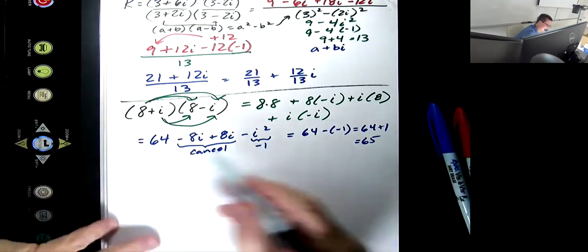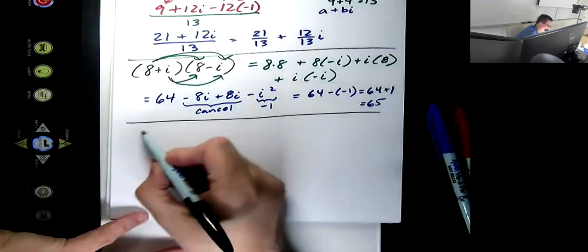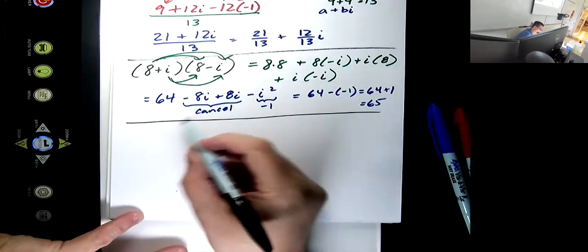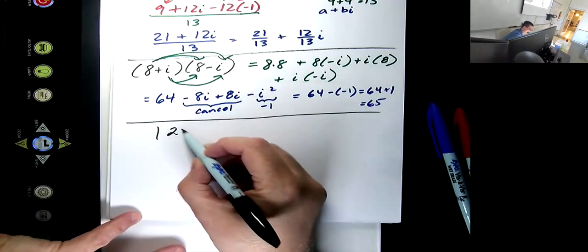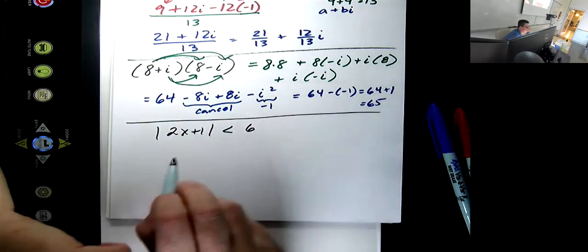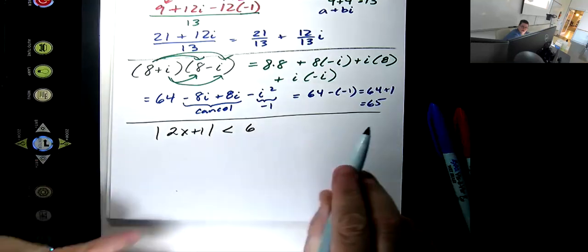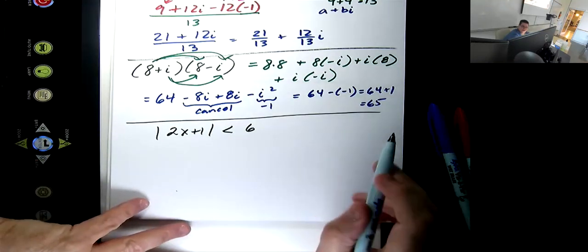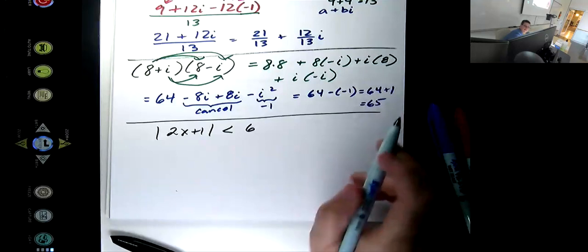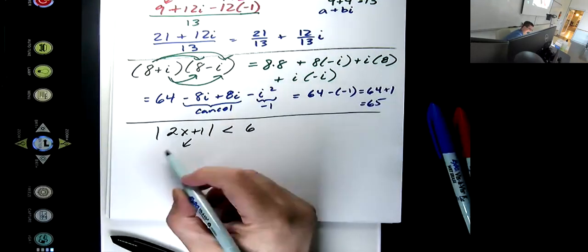All right, let's take a look at some of the stuff we had from last week. We had absolute value stuff. So like |2x + 1| < 6.